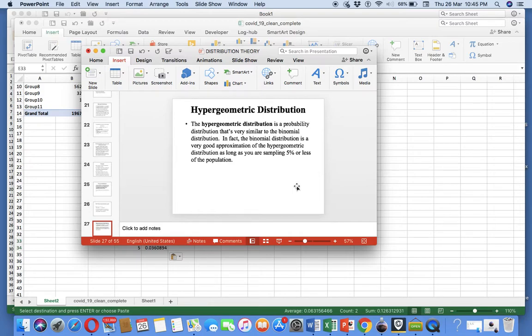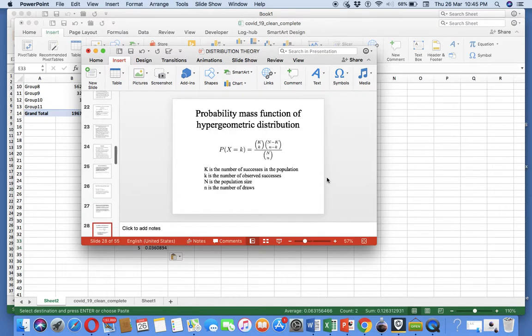So if your study covers a population of maybe 10,000 people, and your sample is less than 5% of the population, then the binomial distribution is a good approximation of the hypergeometric distribution. So when you have a small sample, you can go for a binomial distribution rather than a hypergeometric distribution. Hypergeometric distribution is only when you use large data.